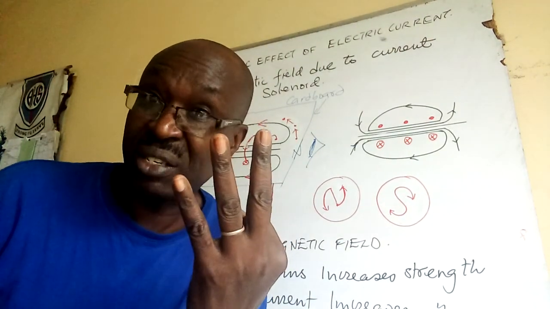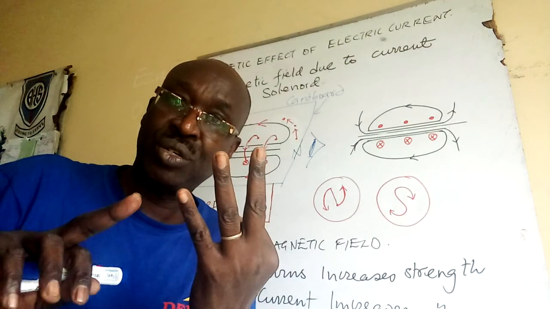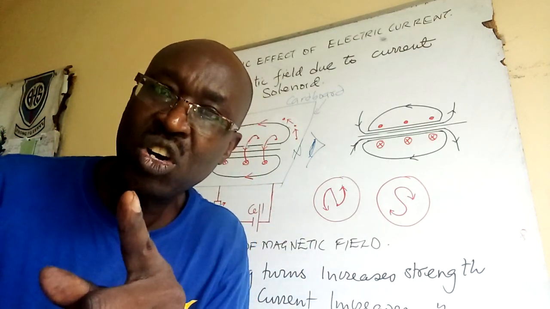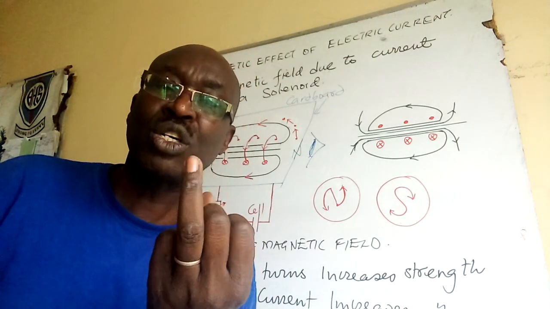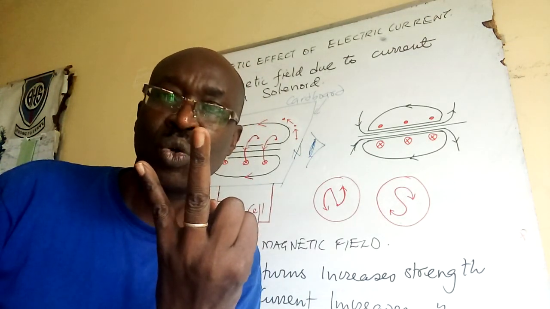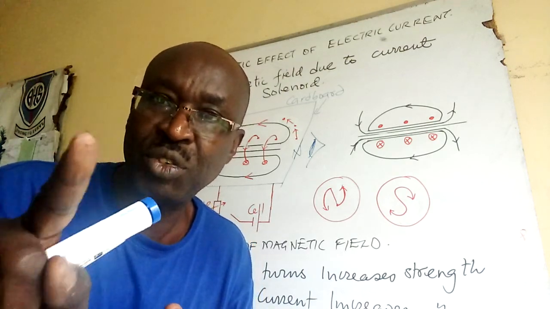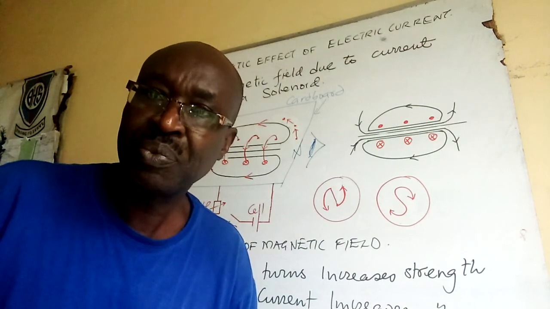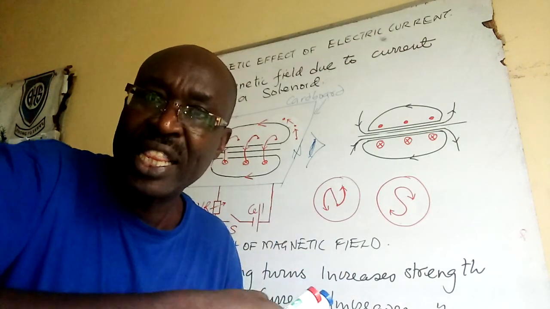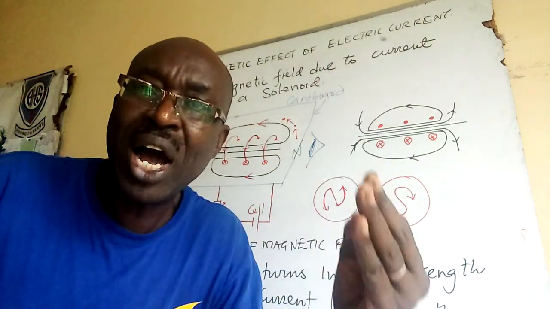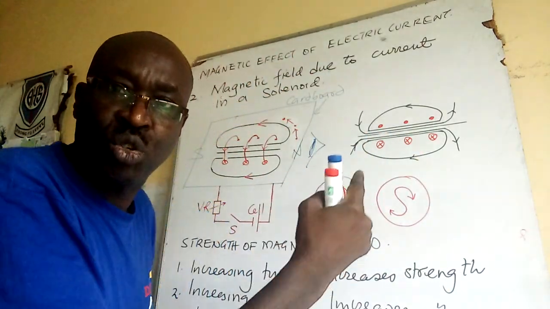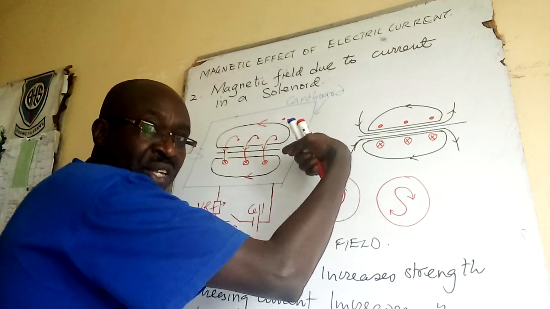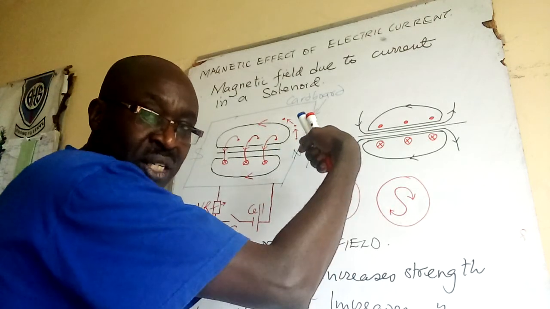Folks, three things I've talked about. One, sprinkle iron filings, you will get patterns but no direction. Number two, use a plotting compass. It gives you direction. Number three, without a plotting compass, you analyze the windings from one side at a time. If I analyze the way current flows from my right hand side, it flows in an anti-clockwise direction.